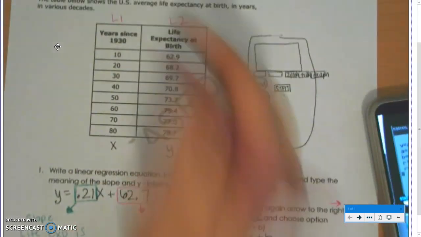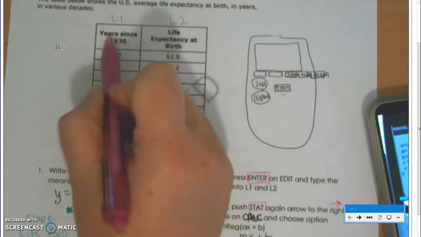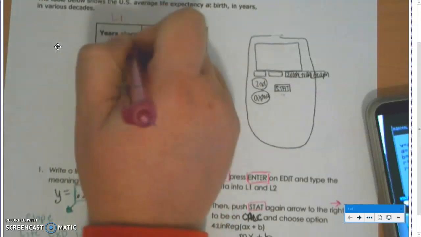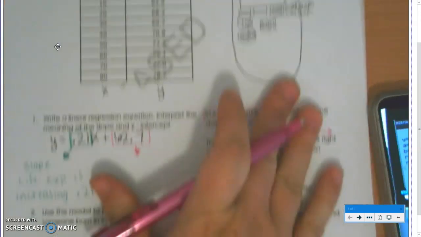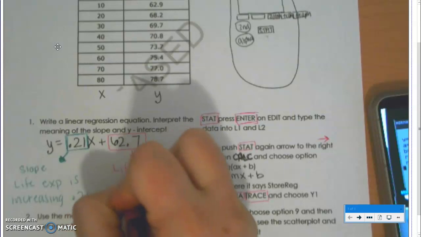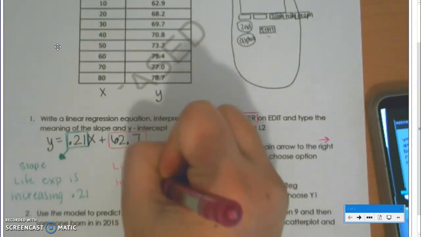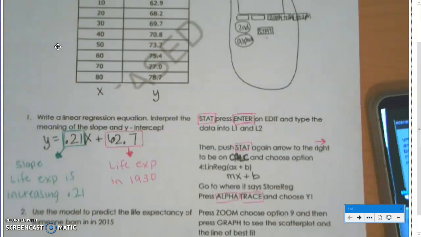And since if I look at my table, my story says that this is years since 1930, that means my story starts at 1930. So that's related to my y-intercept. So that would be my life expectancy in 1930 at the beginning of this whole thing.